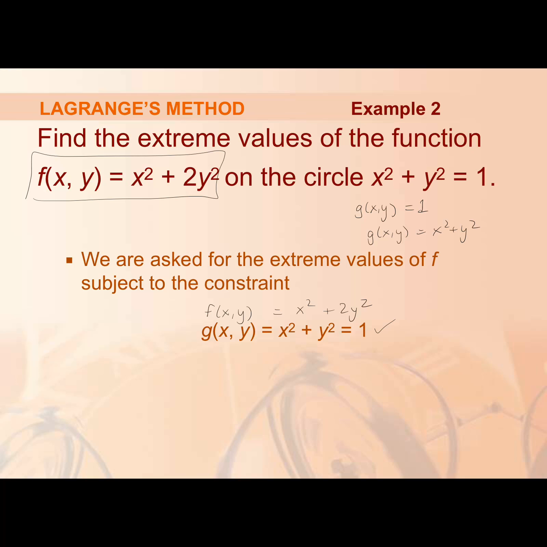Okay, so the first thing I'm going to do, let me add a page below. I know what I need to do. I need to solve gradient f equals lambda times gradient g, and also need g of x y equal 1.